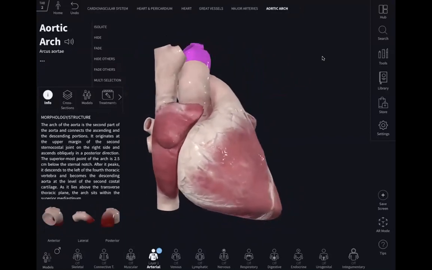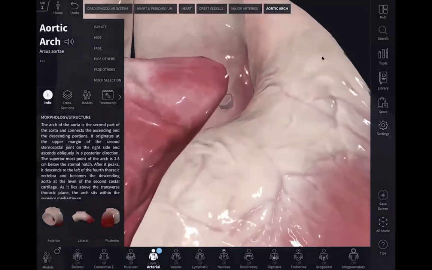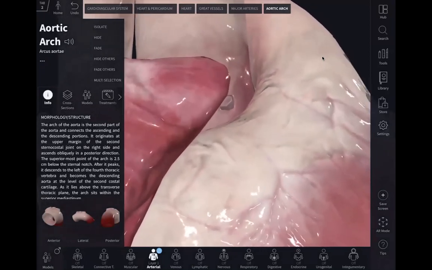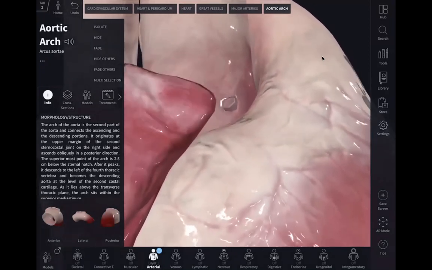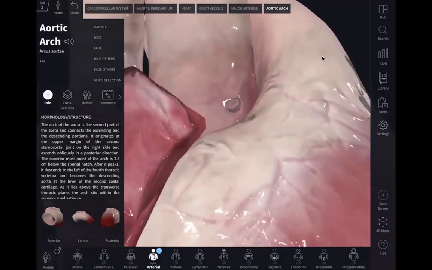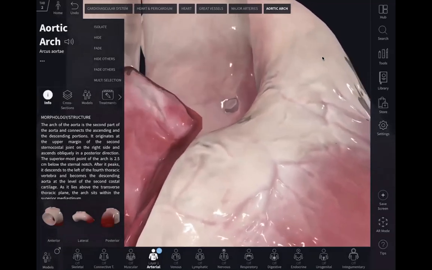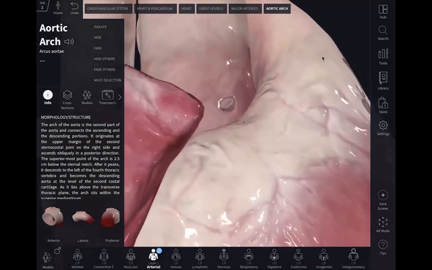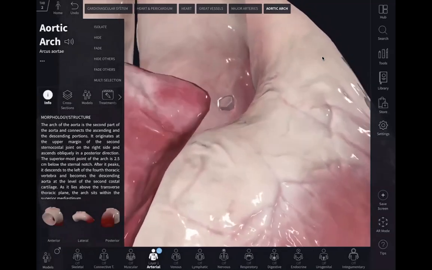And if you can see, there is a circular area, right? Yes, this is very important. Okay, and there is a question about the branches of the ascending aorta. The branches of the ascending aorta are only the right and left coronary arteries, and they arise from the aortic sinus.